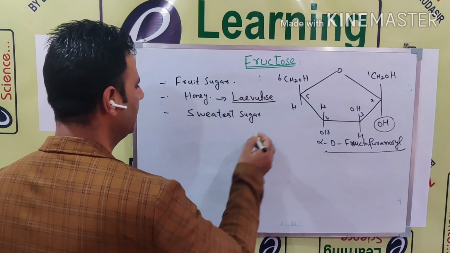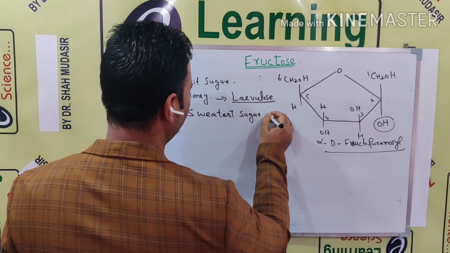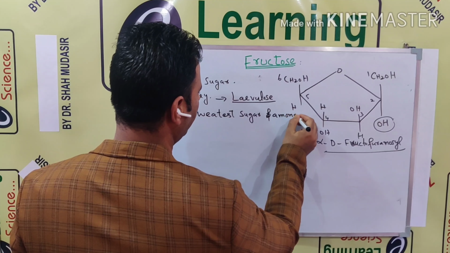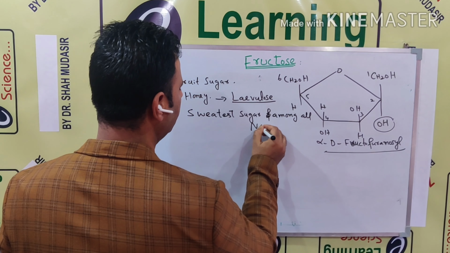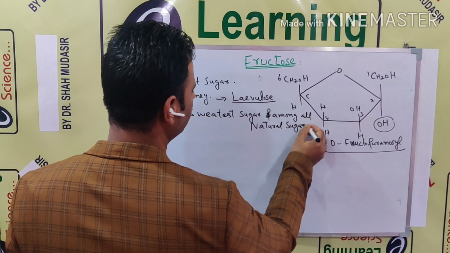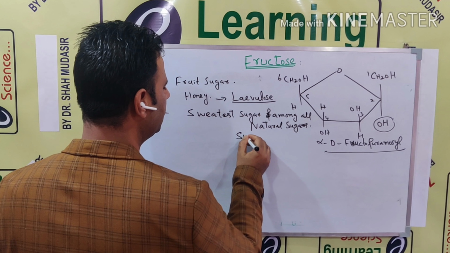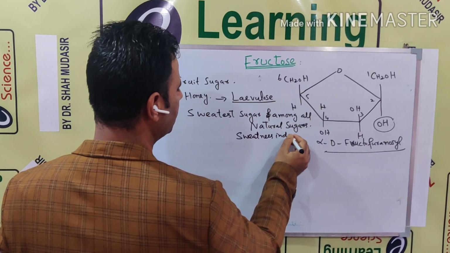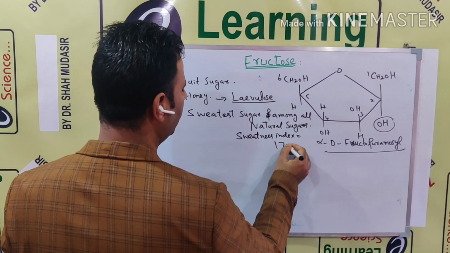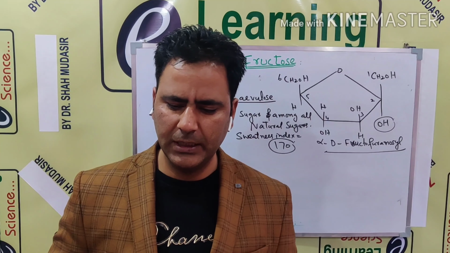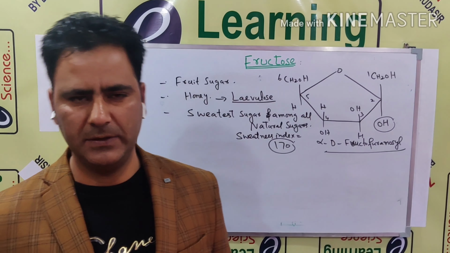Anyway, it is the sweetest sugar among all natural sugars, right? And it has a sweetness index of 170. The sweetness index of fructose is 170.